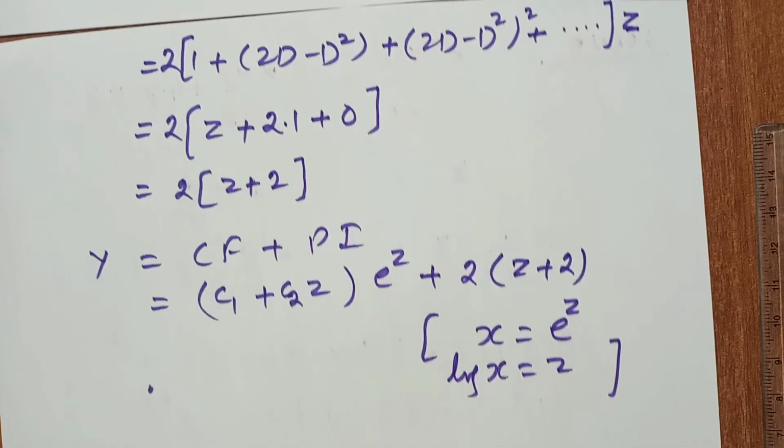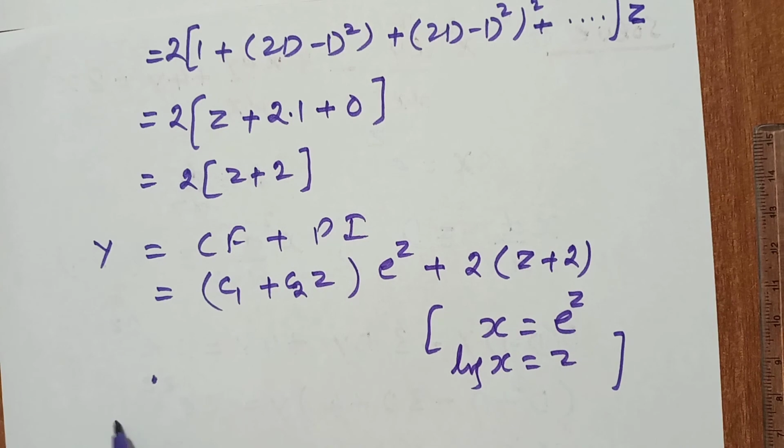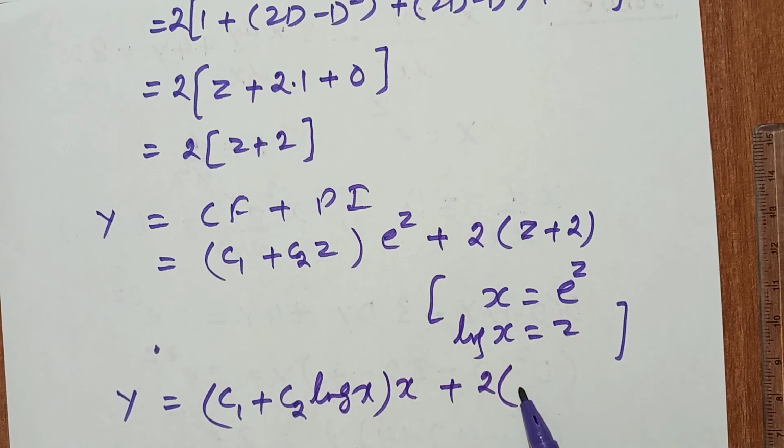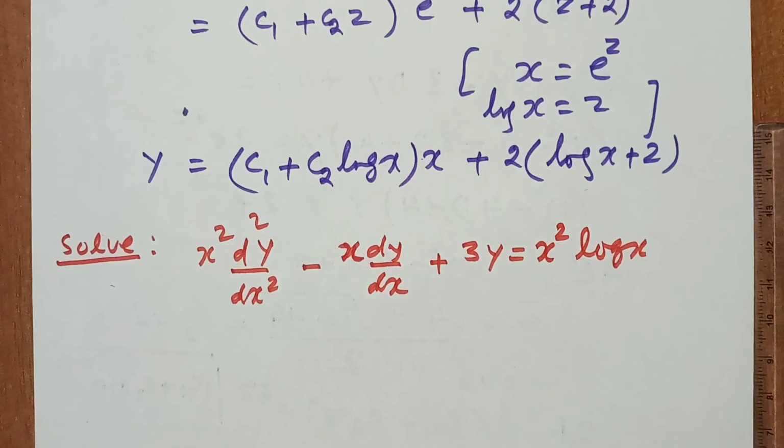So y is equal to (c1 plus c2 log x) times x, plus 2 log x plus 2. This is the answer. This is again a very important example.